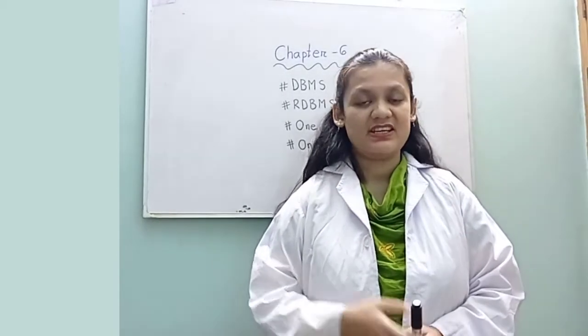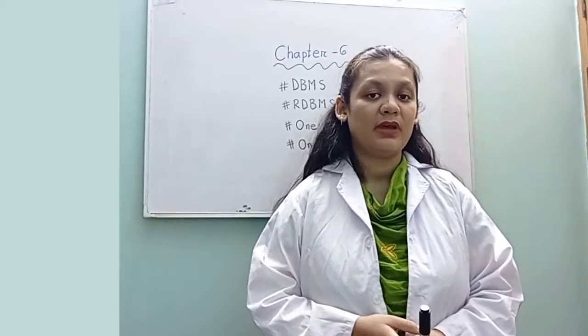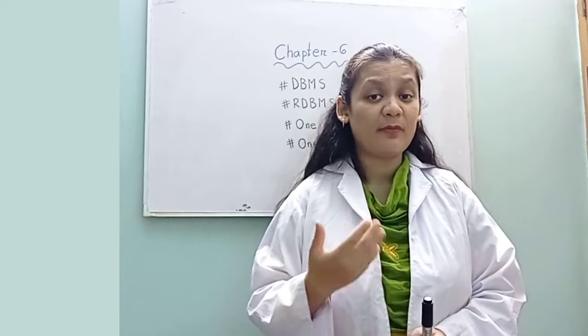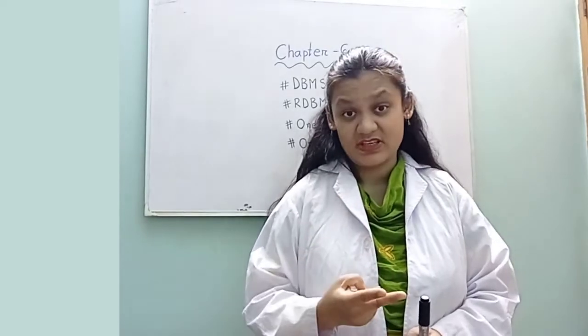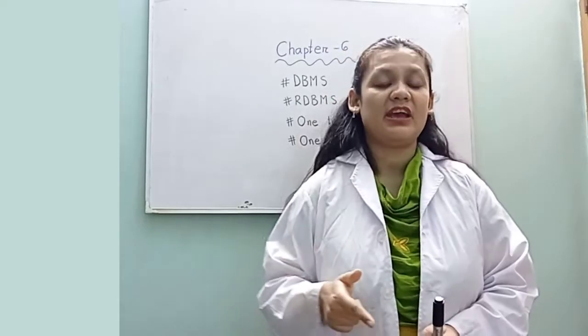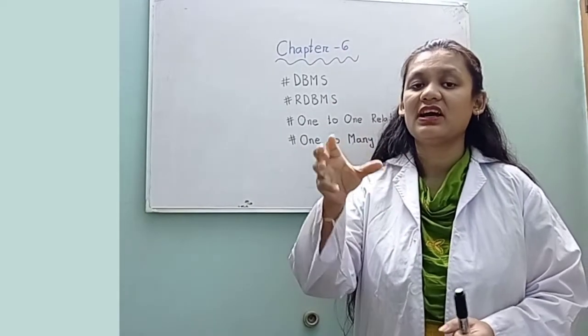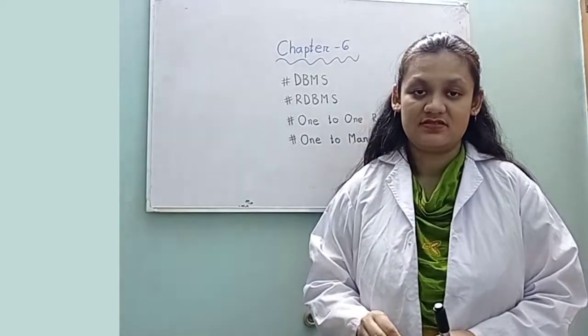All of you know that in a database there are different types of tables, and maybe all of you are now familiar with the 2 types of key, that is foreign key and primary key. And RDBMS's main work is to make the relationship between the tables through the keys.